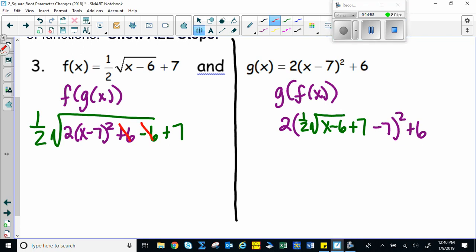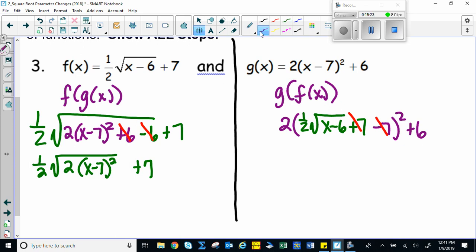What about on this side? The 7's are going to cancel. All right, so let's rewrite what the next line might look like. So I still have the 1/2 outside. I have the square root of 2 times x minus 7 quantity squared, and then I have the plus 7 still on the outside. So that's what this next step looks like on the left-hand side.